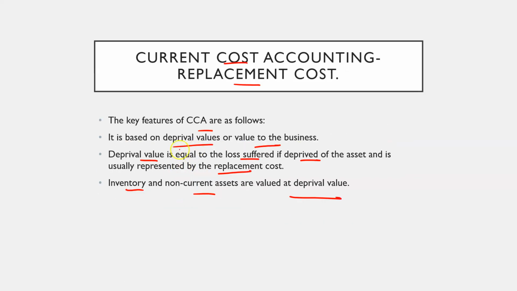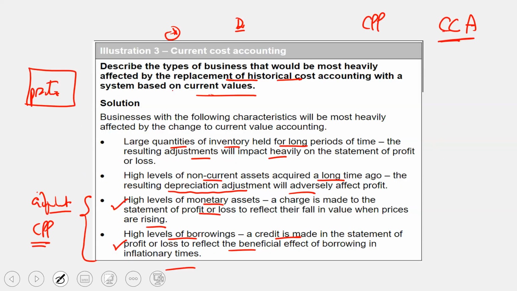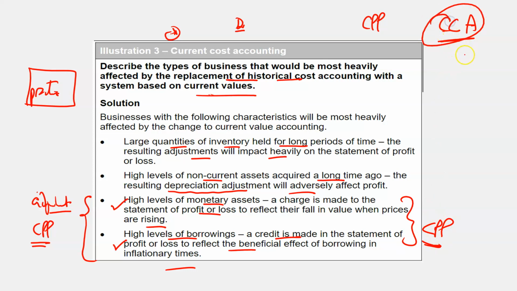The inventory and non-current assets are valued there, and I just want to highlight that monetary assets are not adjusted with current cost accounting, but with CPP we adjust them. So this is just an open question. This really applies to CPP because we don't adjust anything in CCA.